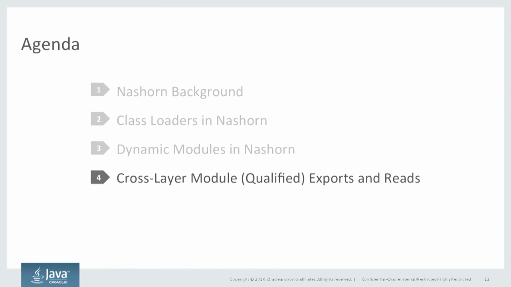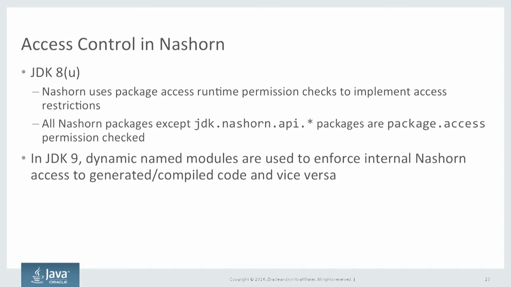Final details of access control enforcement thanks to modules. So we need to do some access control and to isolate all those scripts from each other and the various elements of the implementation from the outside.